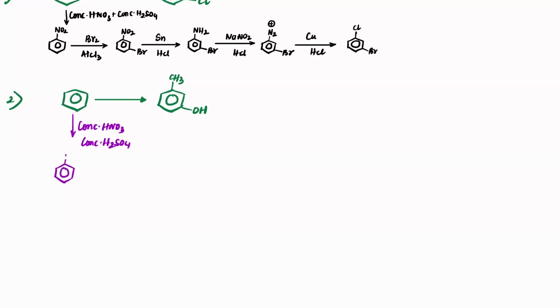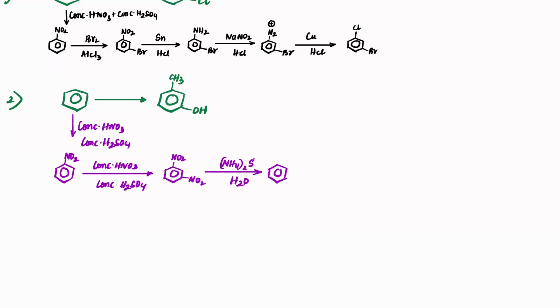So first you get nitro, and then with concentrated HNO3 and concentrated H2SO4, you'll get two nitro groups here, NO2 and NO2. And if you may remember, partial reduction. So ammonium sulfide with water will give you only partial reduction, which means only one of the NO2 groups will get reduced.